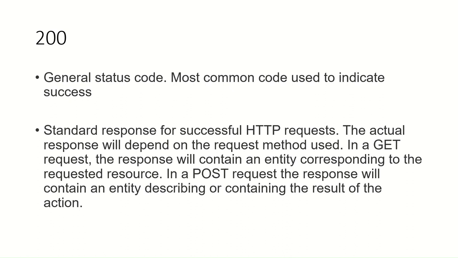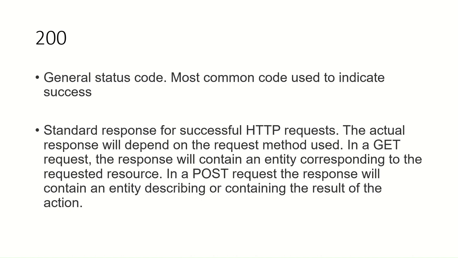In a GET request, the response will contain an entity corresponding to the requested resource. In a POST request, the response will contain an entity describing or containing the result of the action. So this 200 HTTP status code can be used in the GET or in the POST, and it is mainly used for indicating the success of that particular response. Okay, so this is about the 200.